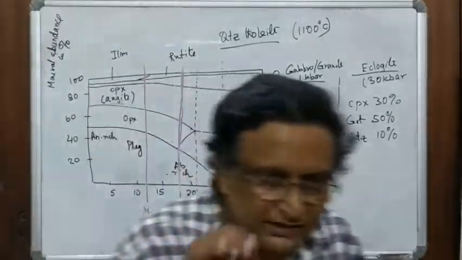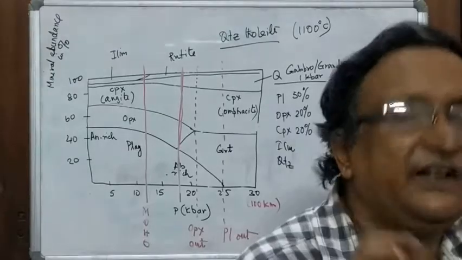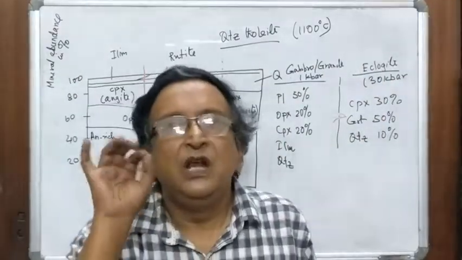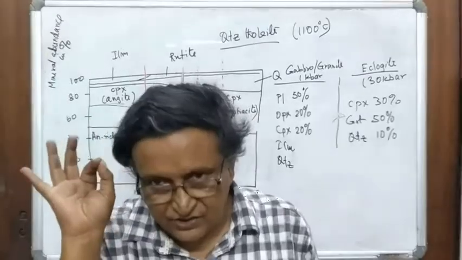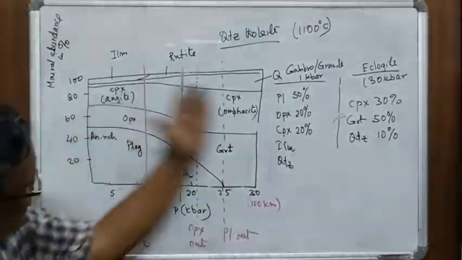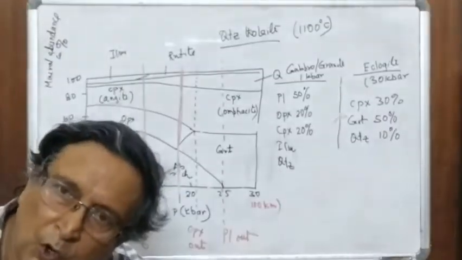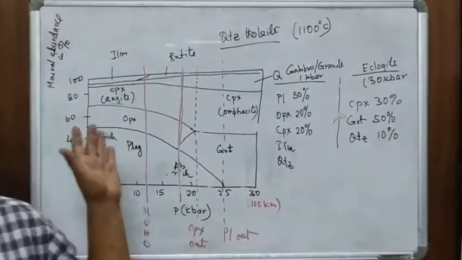At present, it is shown to be less than 300 meters. The geophysical waves show less than 300 meters. So this gabbro-eclogite transition as the origin for Moho is completely wrong.